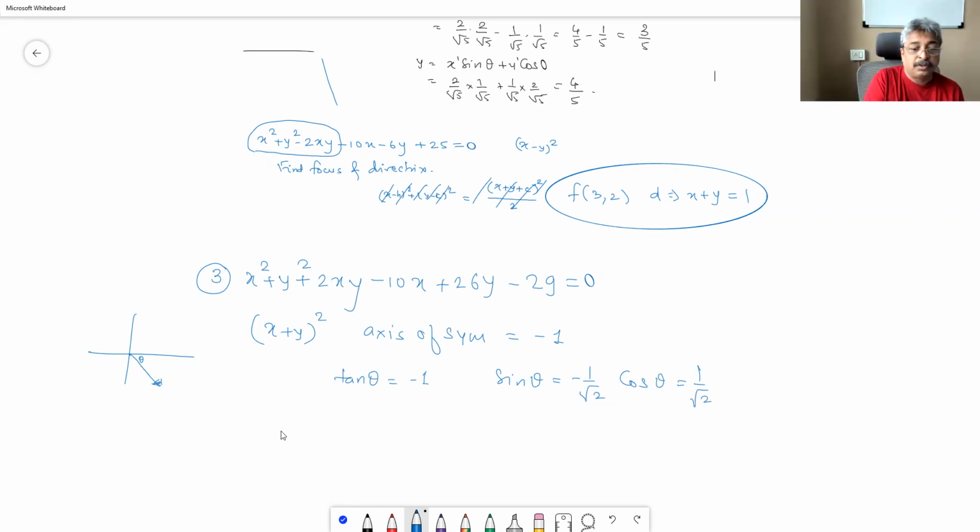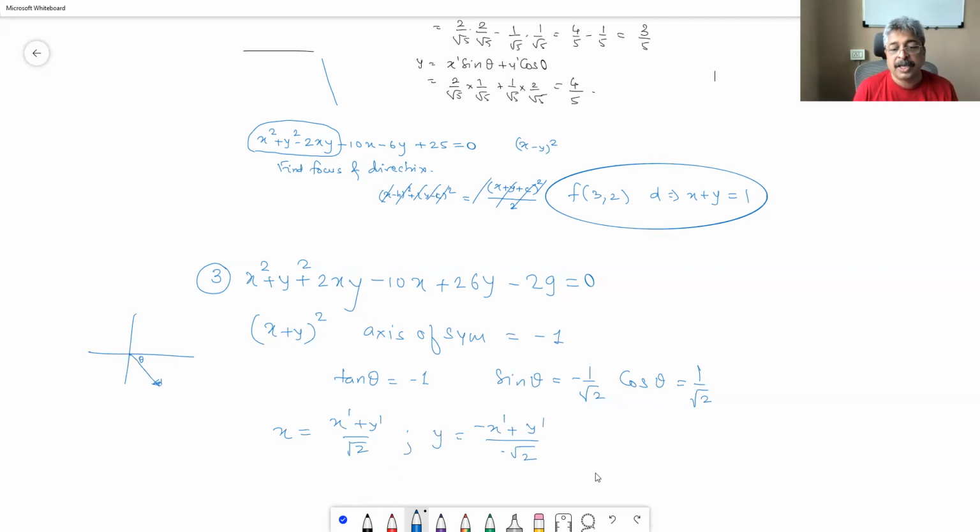And therefore, your x is equal to x dash cos theta, that is x dash, minus, so plus y dash upon root 2, and y is equal to x dash sin theta plus y dash cos theta, so that is minus x dash plus y dash upon root 2.